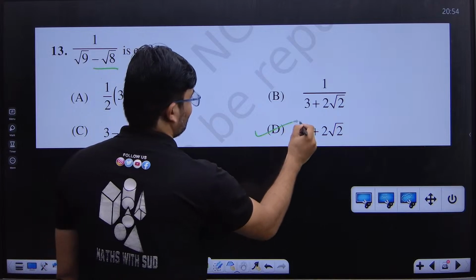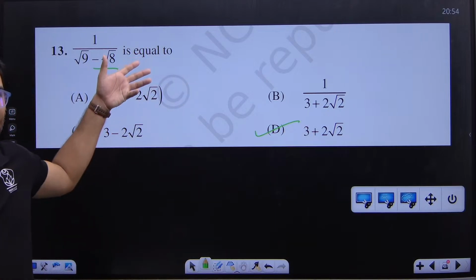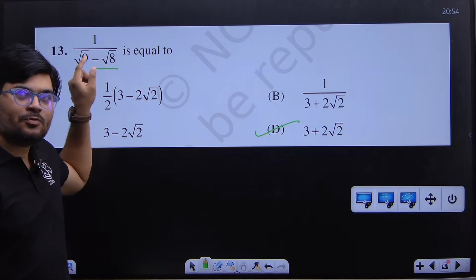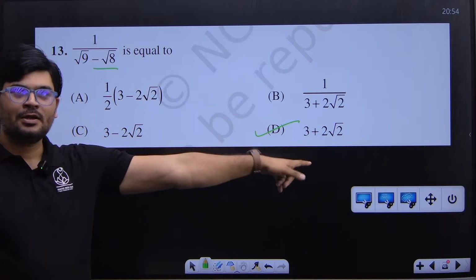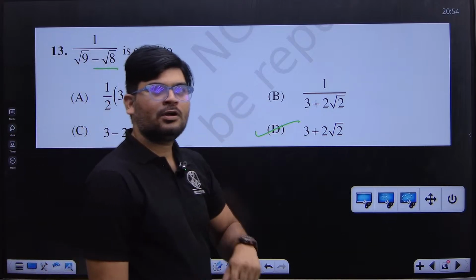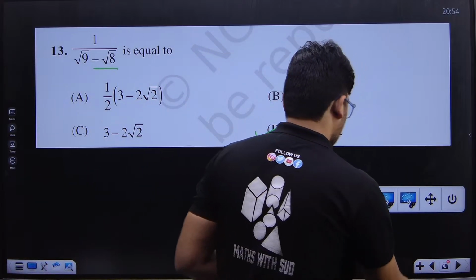Very good. 3 plus 2 root 2. As I told you, this question could have been framed like this as well, but you have to be very smart to take out what can be taken out from that.